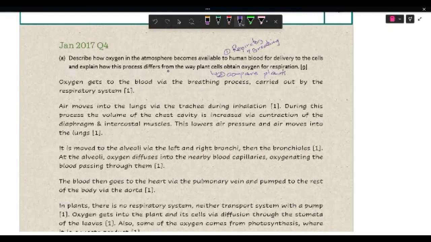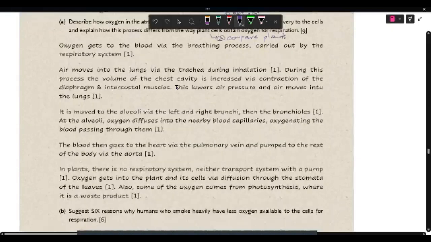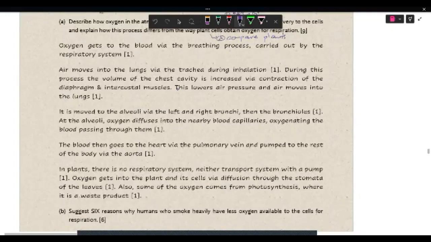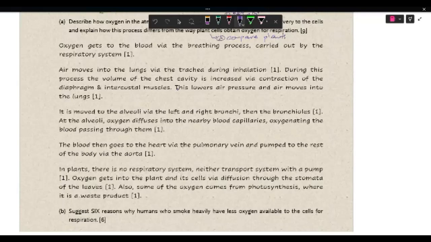Then we move into the other parts where we're going to talk about the breathing process itself, how it works. So for you to get oxygen to the blood, you have to get air into the lungs, right? So air moves into the lungs via the trachea during inhalation. So you're describing the pathway that the air is moving.